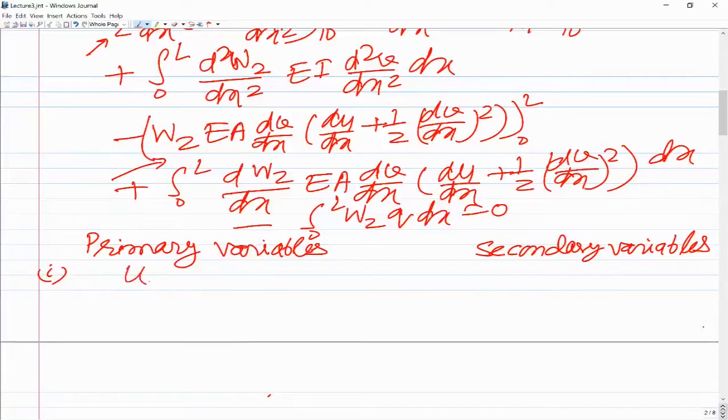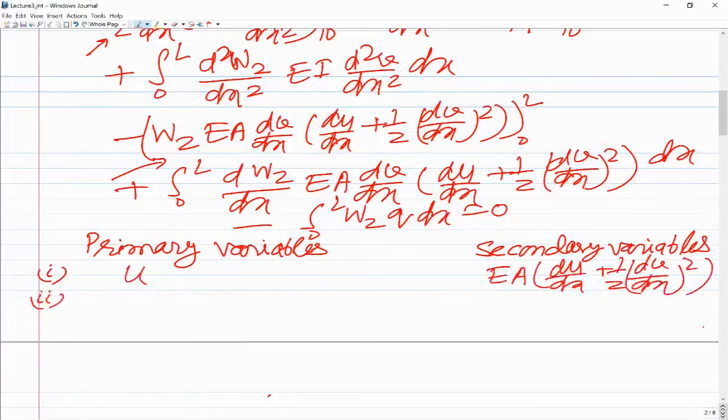Whatever we get, that is the primary variable, and the corresponding secondary variable is the term which is multiplied with w1 in the first boundary term, so we will have the secondary variable as EA into du by dx plus half of dv by dx whole square. So this will be the corresponding secondary variable.